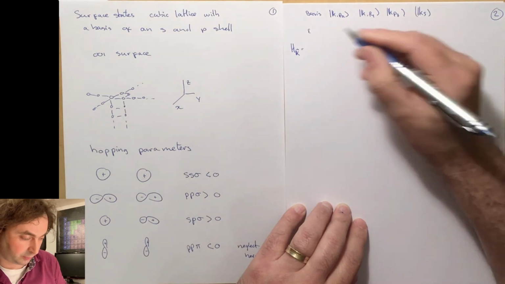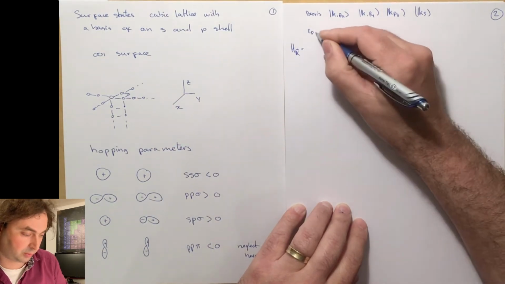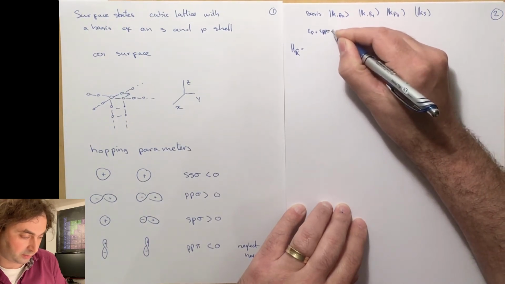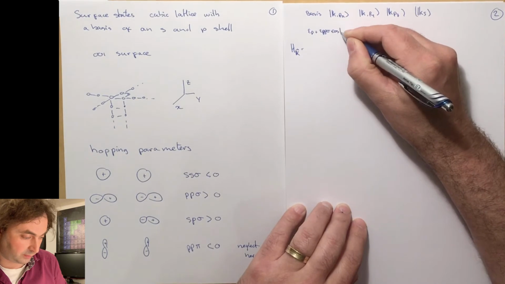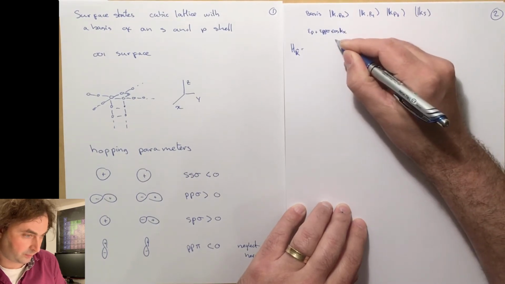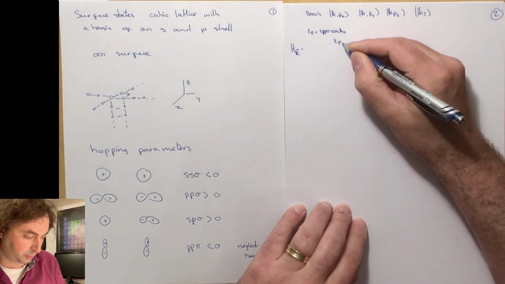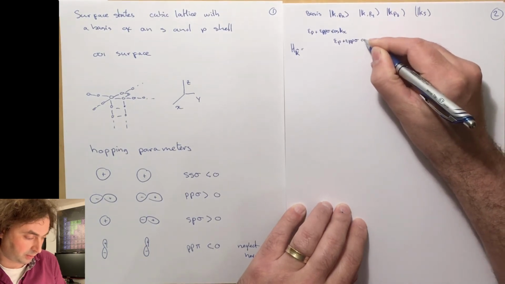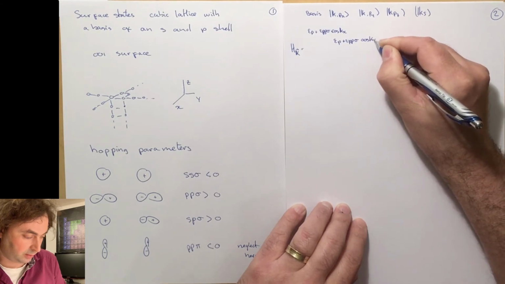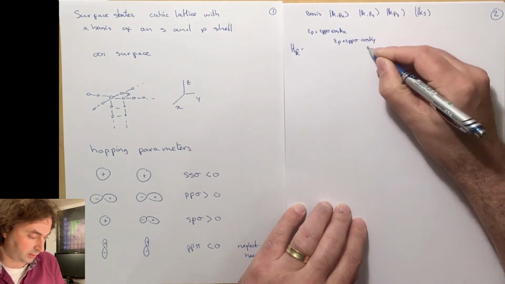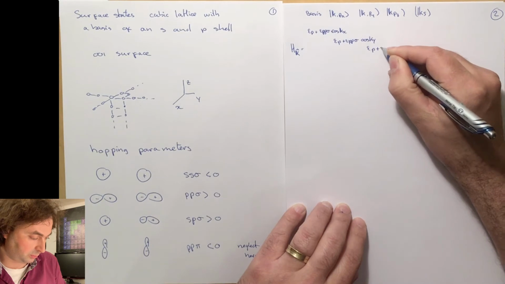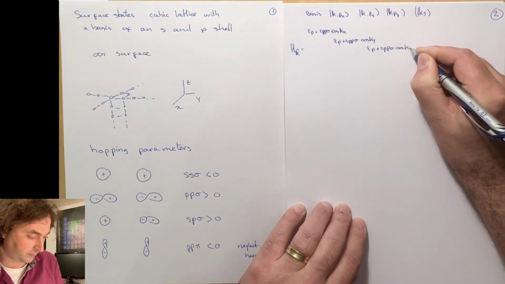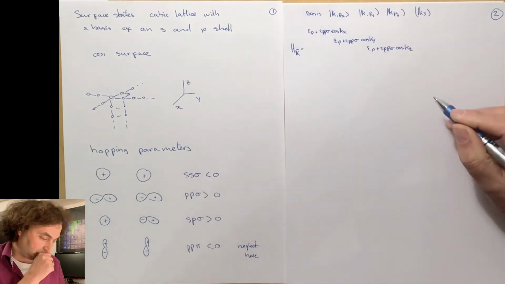is given by, for the Px orbital, the on-site energy epsilon P plus 2 pp sigma cosine kx, and then the on-site energy for the Py orbital epsilon P plus 2 pp sigma cosine ky, and the on-site energy for the Pz orbital epsilon P plus 2 pp sigma cosine kz.